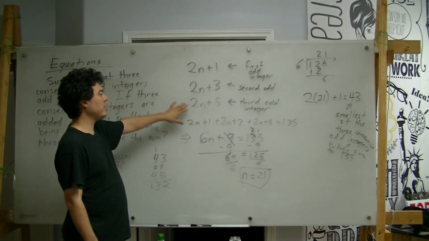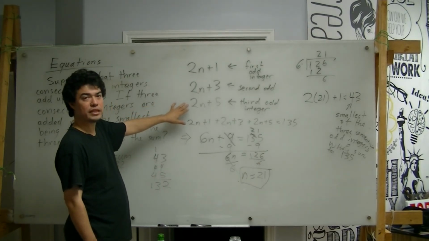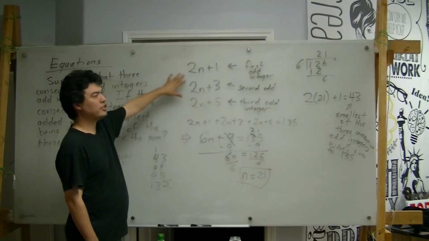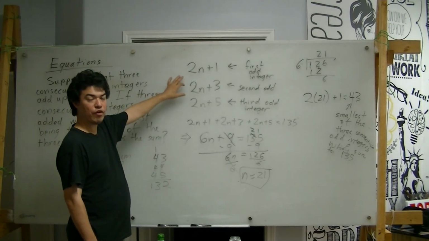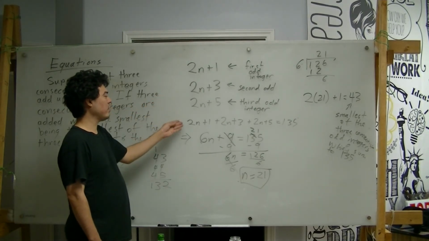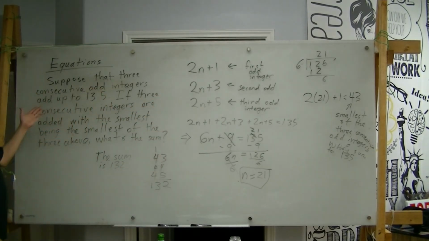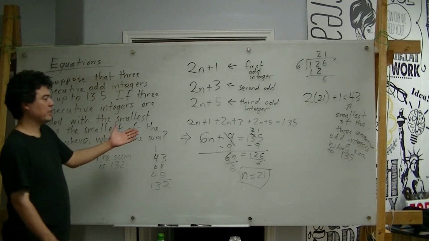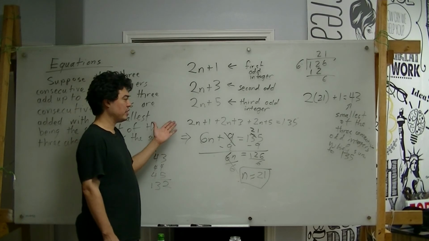And then the same thing here, we add 2 more to get the next consecutive odd number. So these are three consecutive odd integers. And therefore, we're able to write down the expression of the sum of these three odd integers adding up to 135, which is this algebraic relationship, this equation.